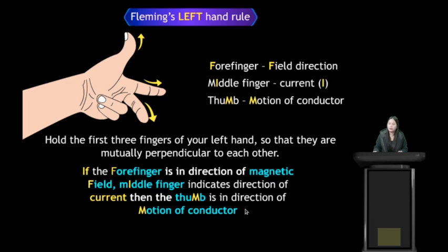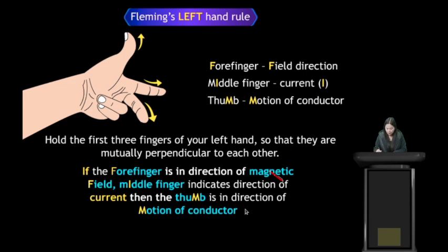According to Fleming's left hand rule, if the forefinger is in the direction of magnetic field, the middle finger indicates the direction of current, and the thumb is in the direction of motion of conductor, or the thumb is in the direction of force. So using Fleming's left hand rule, we can determine the direction of current and direction of motion if we place the forefinger in the direction of magnetic field.